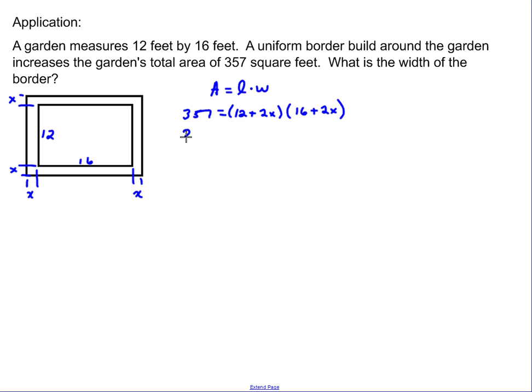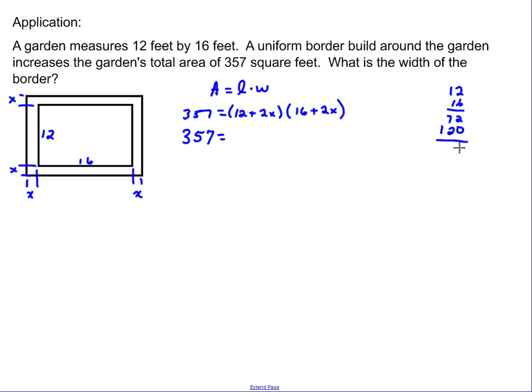So 357 square feet will equal, well, we're going to have to multiply this out. 12 times 16. I know that 12 times 6 is 72, and 12 times 10 is equal to 120.